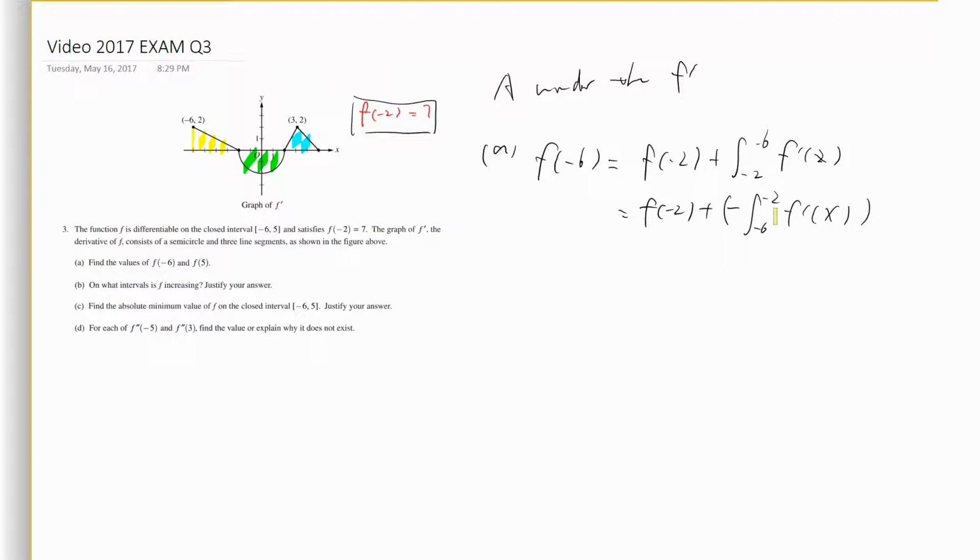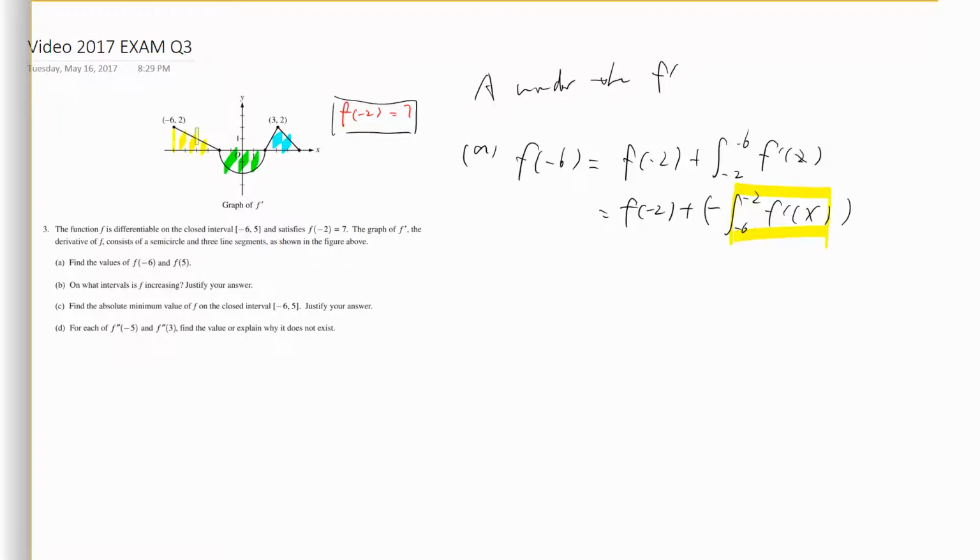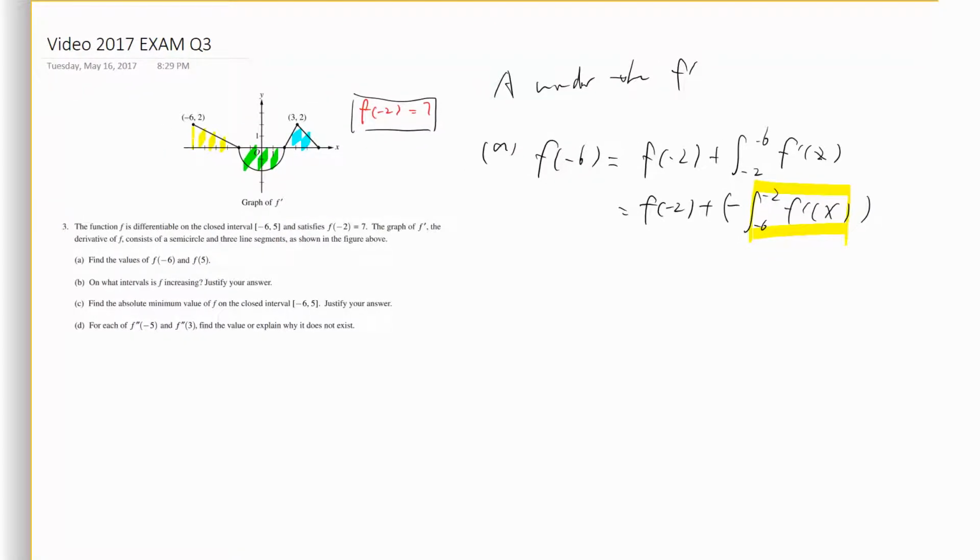So what is the integral of f prime of x from -6 to -2? As we said, the antiderivative of f prime of x is the area under the curve. So we have this yellow triangle as our integral from -6 to -2 of f prime of x.